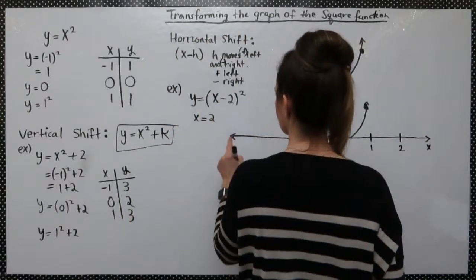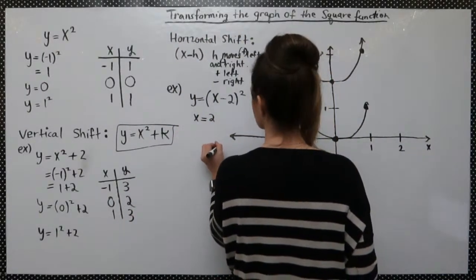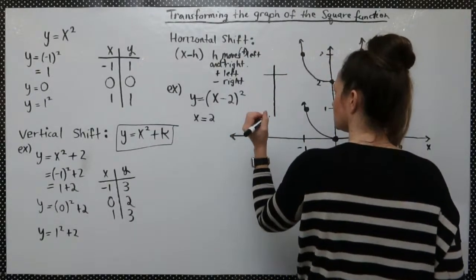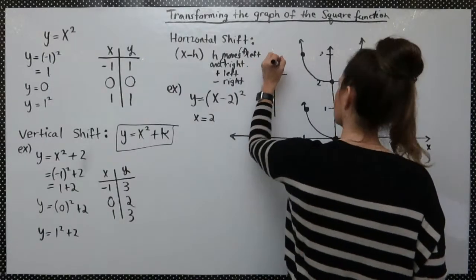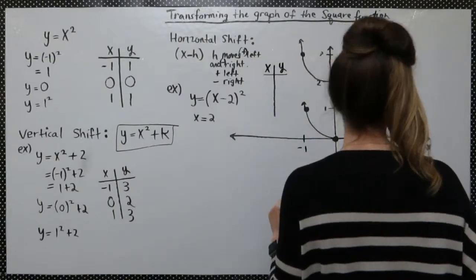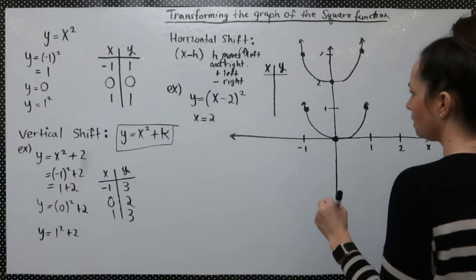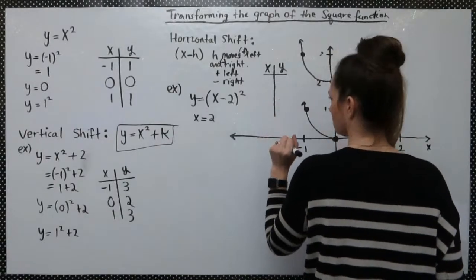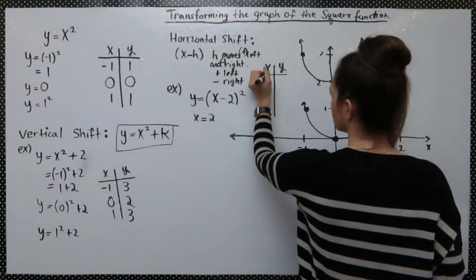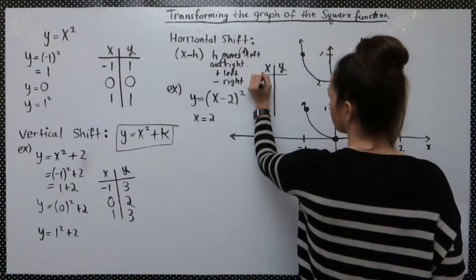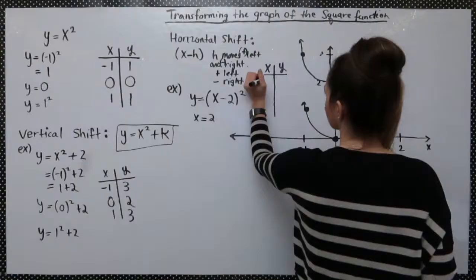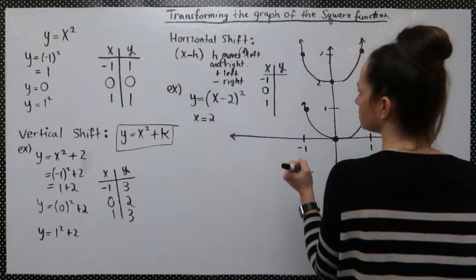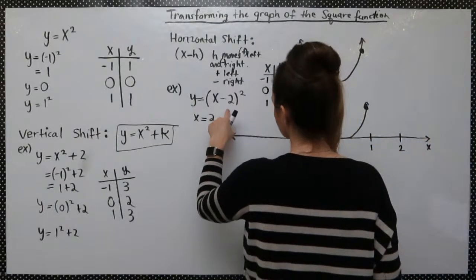So if I were going to sketch a table of this graph, x comma y, we're going to pick those same 3 points: -1, 0, and positive 1. And we'll evaluate and plug in.